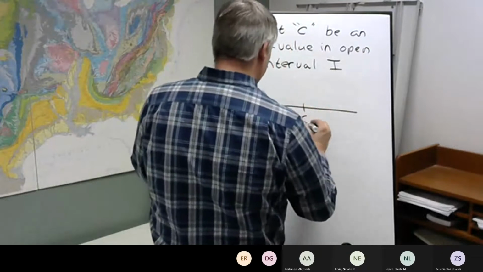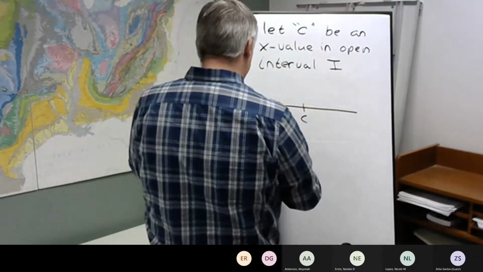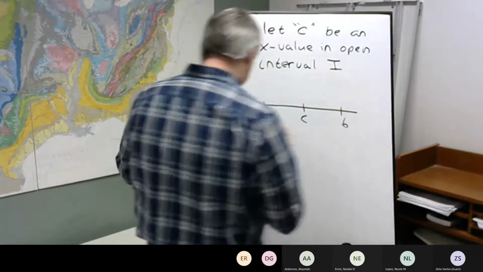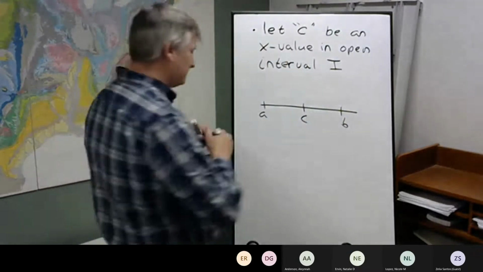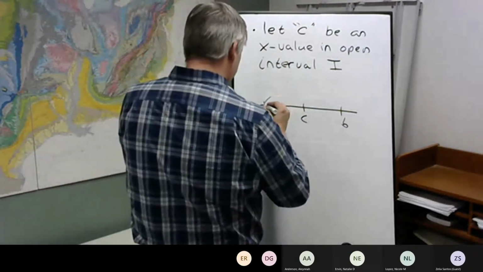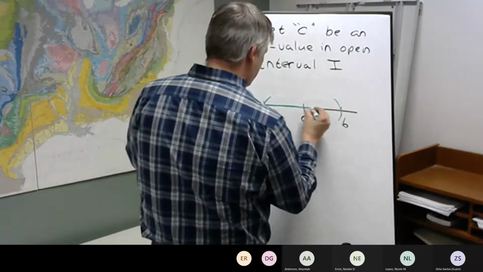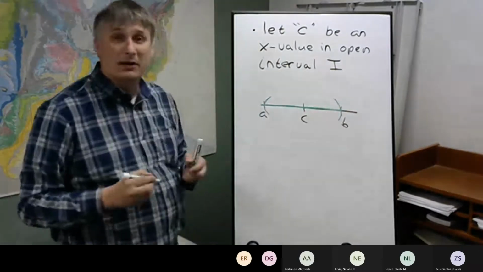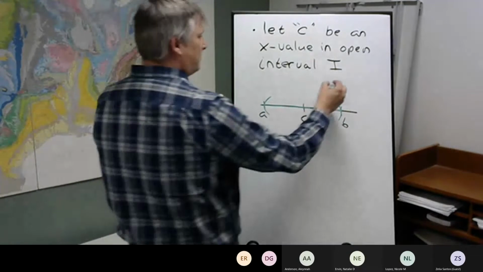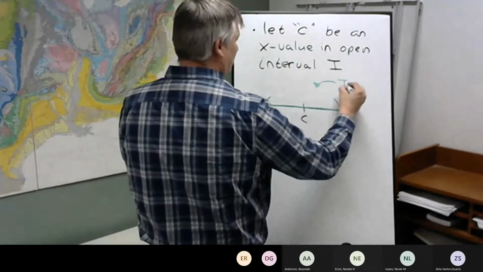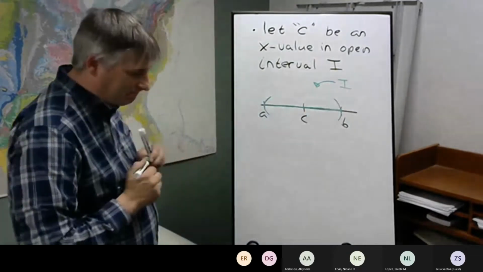We have C, we have A, we have B, and we're interested in an open interval. So we're not really including A, not really including B. We do have C somewhere in there. And so this would be our interval I.